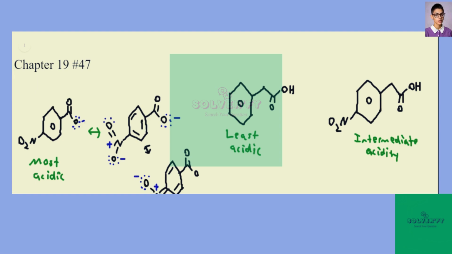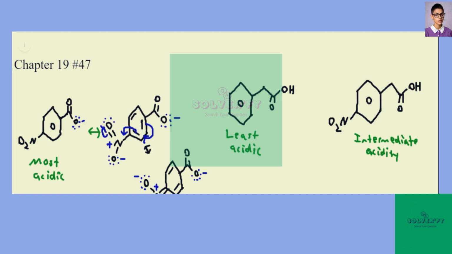The nitrogen still has a positive charge. This oxygen still has a negative charge from being deprotonated, but we could move electrons like this. So these could go here, these could go here, and this bond could break.